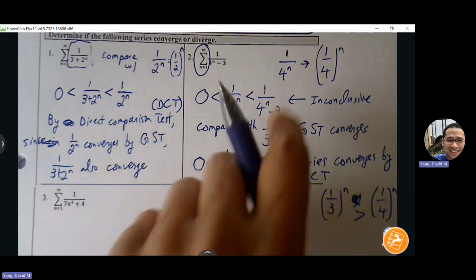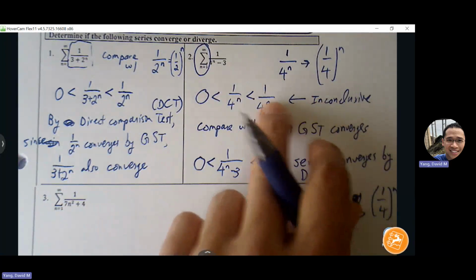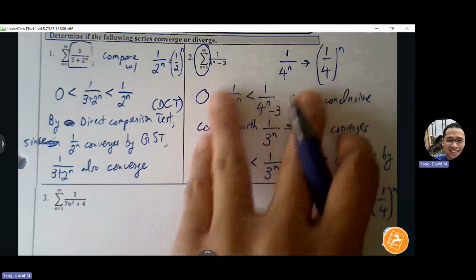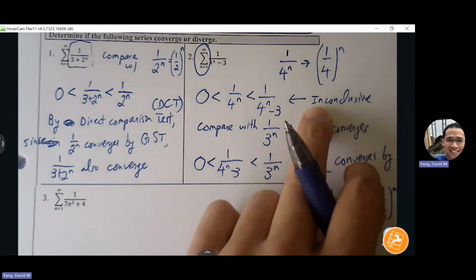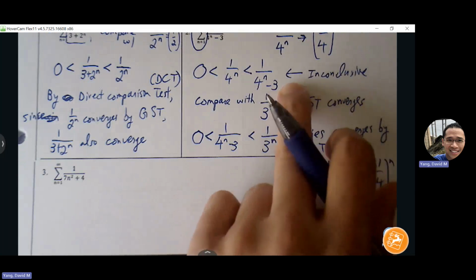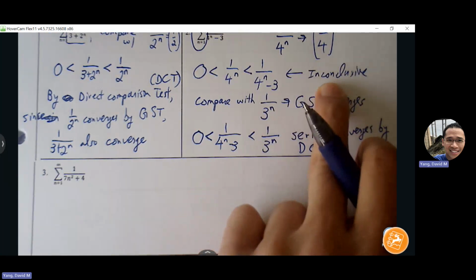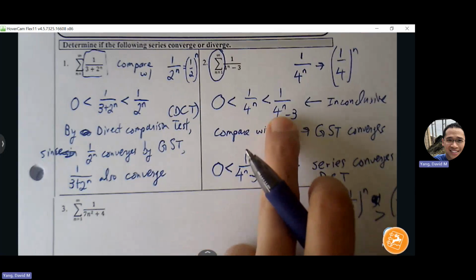And when all is said and done, this is going to be a last resort. If we're at the stage where we're using direct comparison tests, it's because we've exhausted all the other options. And if we've exhausted all the options, we think outside the box a little bit to figure out, okay, I can't do inconclusive. Is there a better series for me to test?